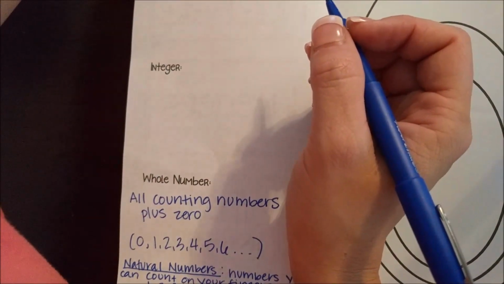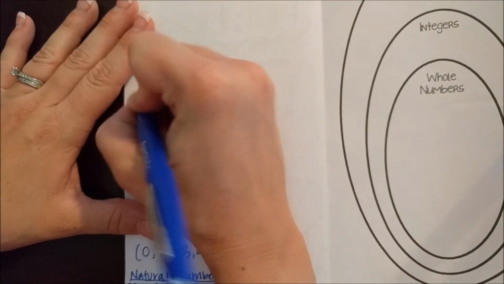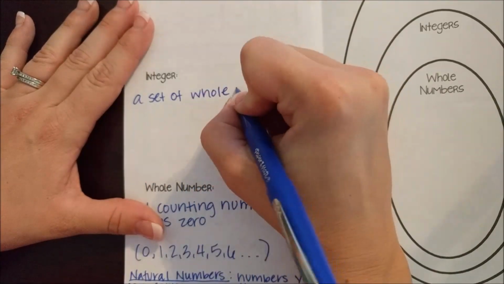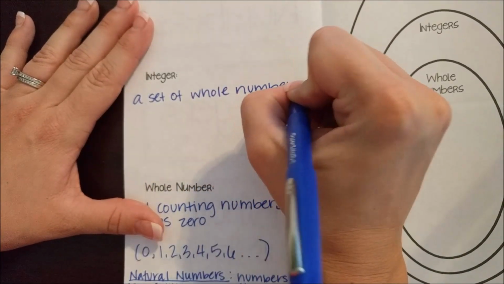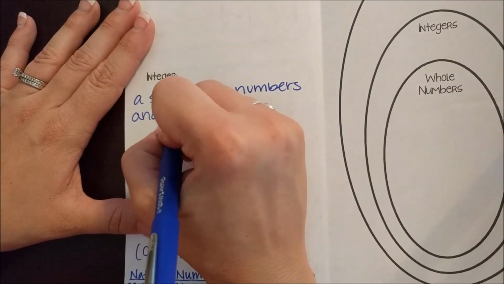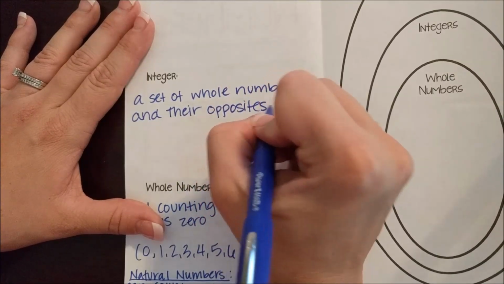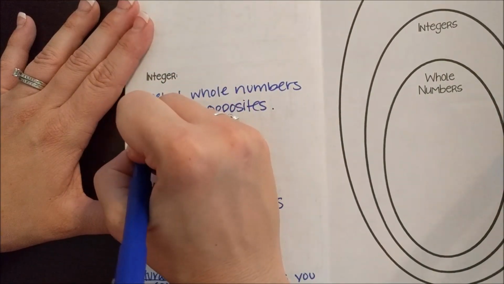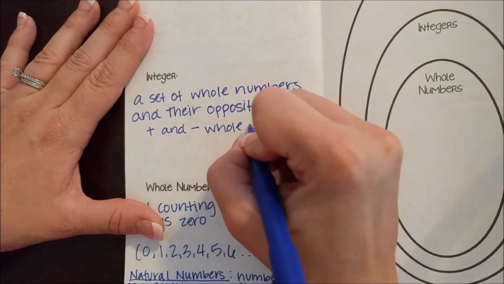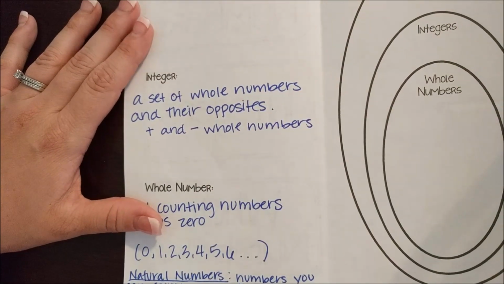Integers are the set of whole numbers and their opposites. Or you could say positive and negative whole numbers, whatever works best for you.